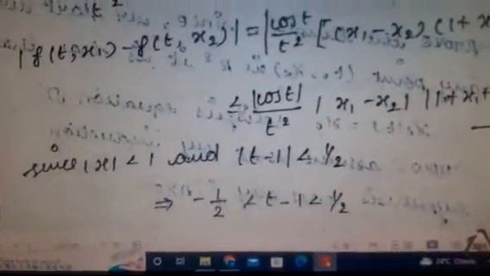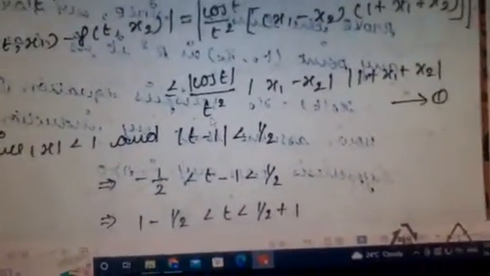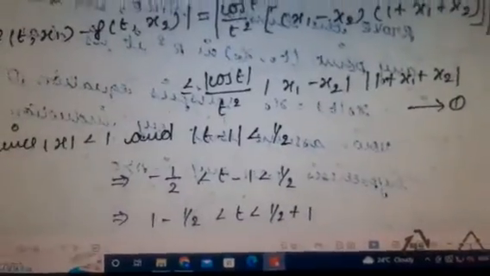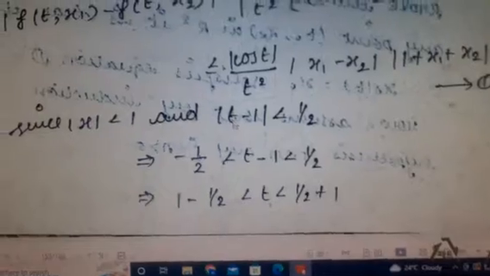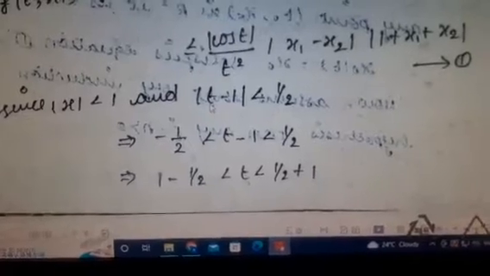Now we use the condition: |x| is less than 1 and |t - 1| is less than 1 by 2. This can be written as minus 1 by 2 less than t - 1 less than 1 by 2. In this expression each and every element is to be added by 1, so this can be written as 1 - 1 by 2 less than t less than 1 by 2 + 1.